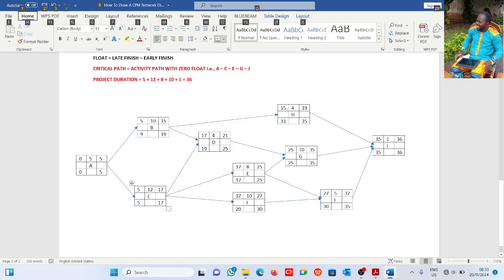Here, 31 minus 15, that is 16. 35 minus 19, that's 14. So we still have time to delay these activities without affecting our project duration. So the critical path is A, C, E, G, and J.